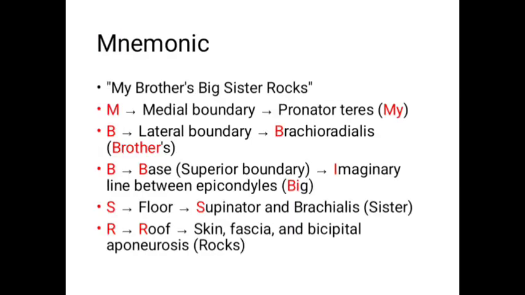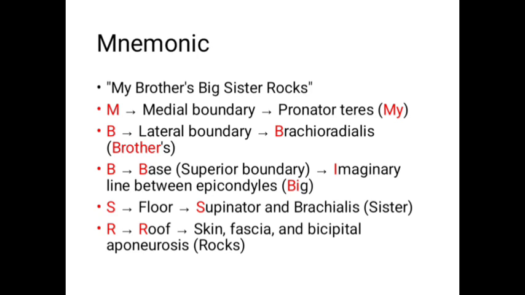And here's a mnemonic that can help you remember the boundaries of the cubital fossa. And this mnemonic is my brother's big sister rocks. M for the medial boundary formed by pronator teres. B, which represents the brachioradialis, forms the lateral boundary.